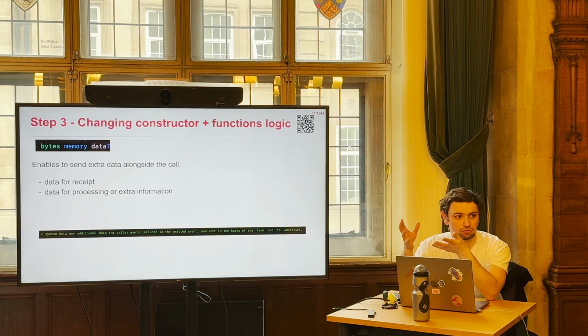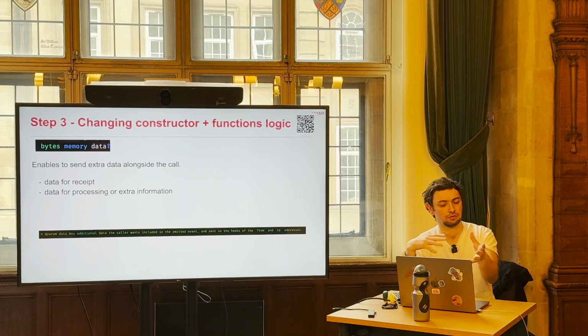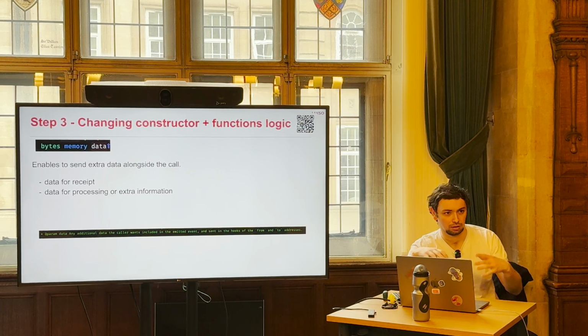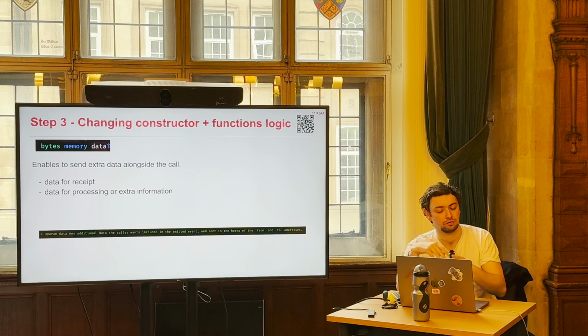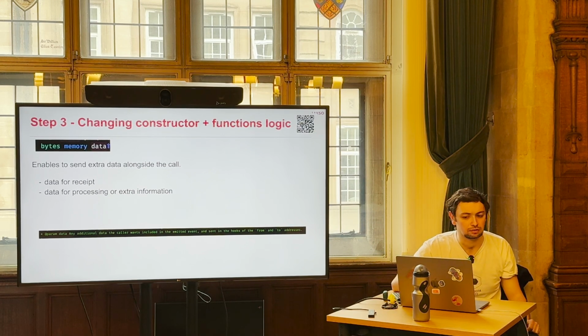For instance, that's useful in DeFi, for doing swaps. You can specify things like minimum slippage or any other configuration. So the recipient, which is the router, can then take these parameters, unpack them, and then process and carry on on its own. So yeah, this is a nice, useful thing.